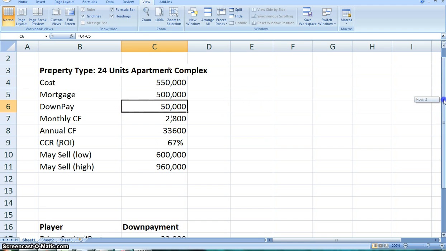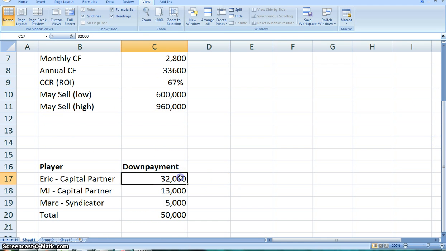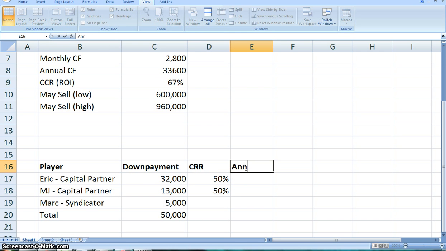Now, how did I raise this money from them? Well, I said to them, would you like to earn a 50% cash-on-cash return? That's a pretty good return in the game. And they agreed to that. So they agreed to a 50% cash-on-cash return. That means their annual cash flow would be the product of $32,000 times 50%.